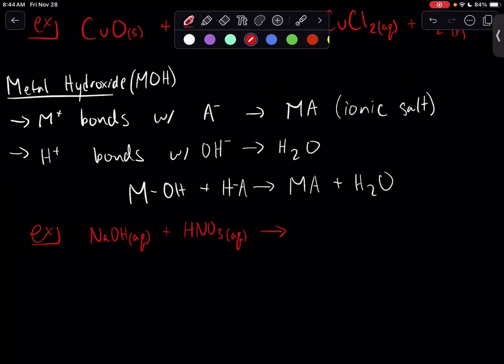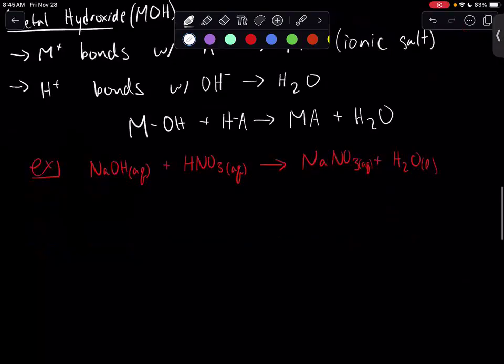And in this reaction, we will once again produce our metal salt, NaNO3, sodium nitrate, and that will also be aqueous, plus H2O liquid. So you'll notice metal hydroxides and metal oxides are pretty similar. They react almost exactly the same. The only difference is we're going to have a different ratio because our acid needs 2 hydrogen for every 1 oxygen versus 1 hydrogen for every 1 hydroxide. All right, so that is hydroxides and oxides.